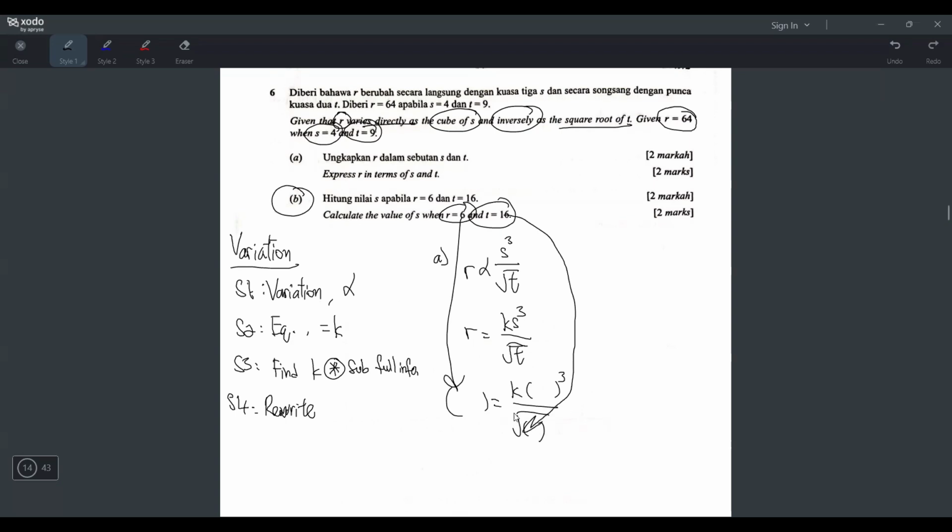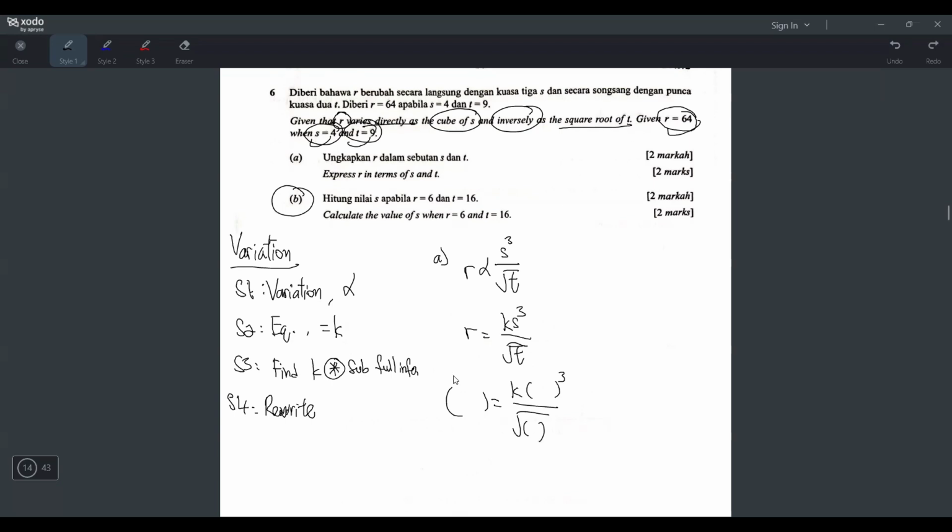Cannot, right? Because I cannot find k. I need full information, and I don't have the s here. So the correct way is to sub the full information: r, s, t, all three must be there. You have to find the full information from the question. That's why I write sub full information.